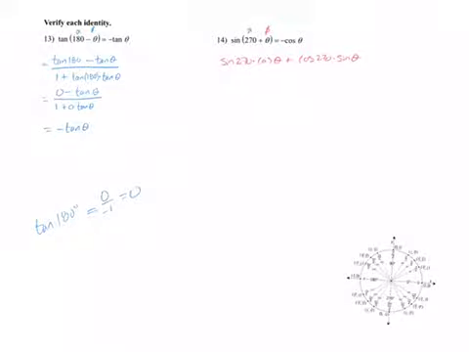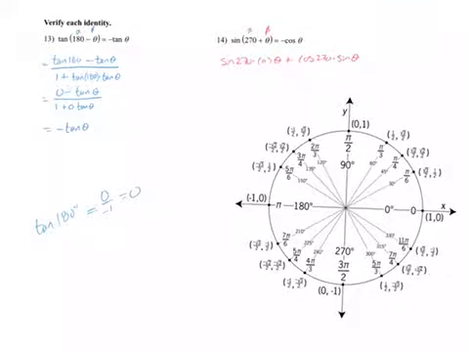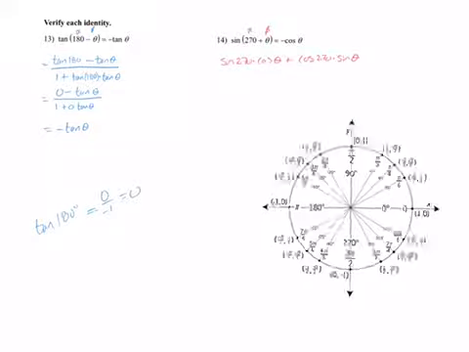So let's come back and look at our unit circle here. 270 is right here. So my sine, my y value, is -1, and my cosine value is 0.